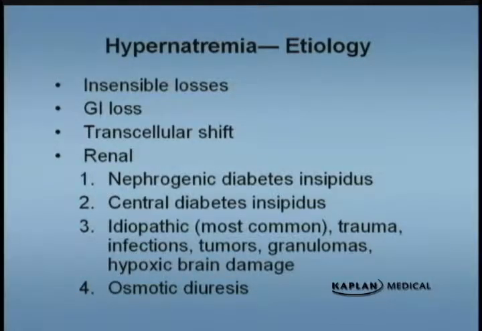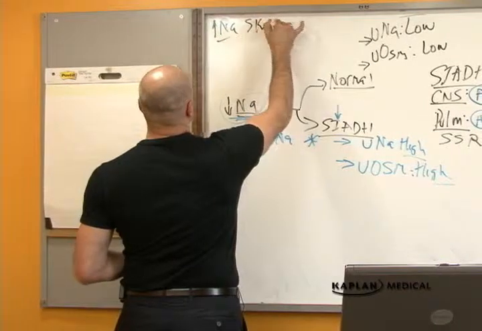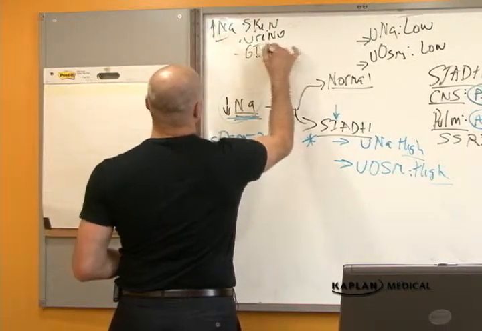Now, hypernatremia. Hypernatremia is anything that causes you to have skin, urine, or GI loss of fluid.